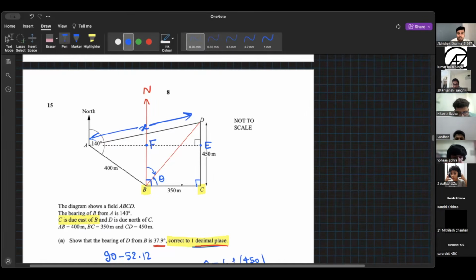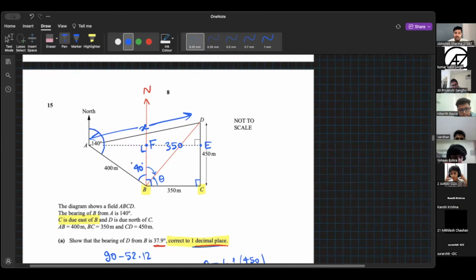So check. This is 350. Can we say this is also 350? FE? Okay, so FE is done. Now we have to find AF. This is 90 degrees, right? And if this is 140 degrees, this must be 40 degrees, co-interior angles, because co-interior angles add up to 180 degrees.